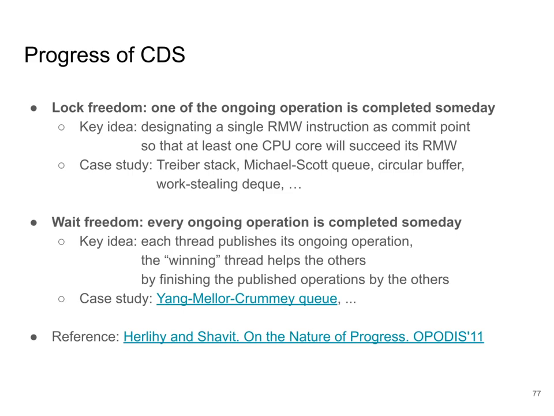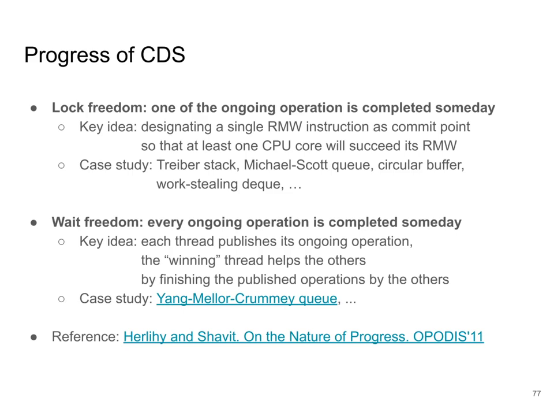And there is a notion of wait freedom. The key idea for achieving wait freedom is that each thread publishes its ongoing operation so that the other threads can see it. You need to guarantee that your operation will be completed someday. How do you do so? You publish your operations and let the others do your operations on your behalf.